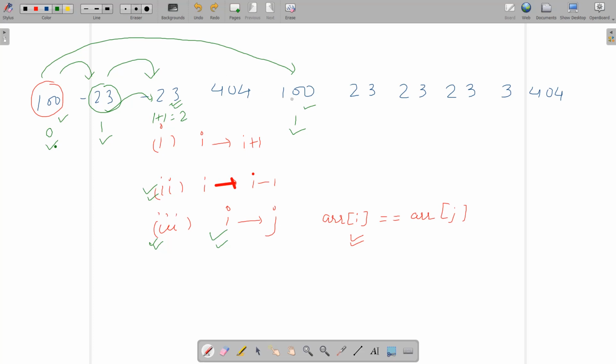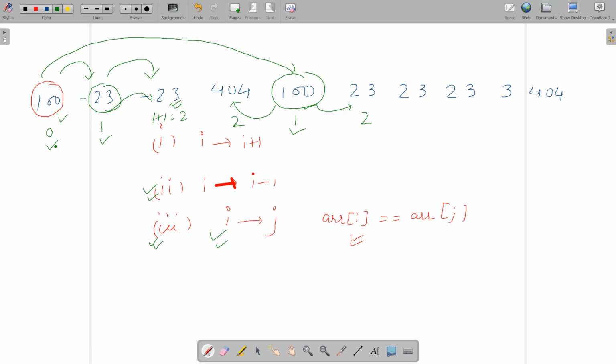The next value is 100 and the minimum value is 1. I will check whether I can reach the adjacent positions or not. Yes, I can reach this 23 in one more jump, so the minimum number of jumps required would be 2, and again I can reach this 404, minimum number of jumps required would be 2.